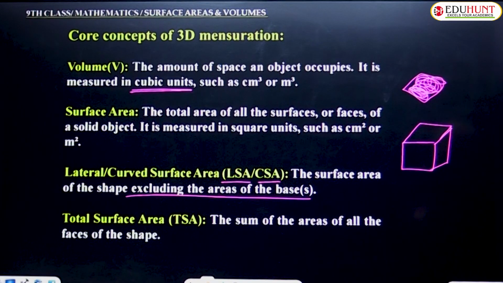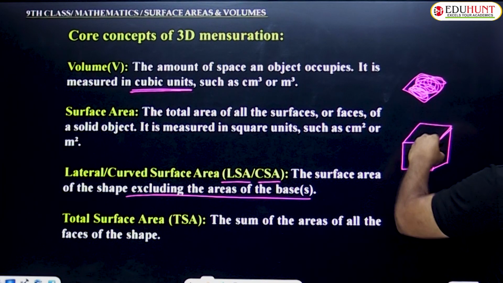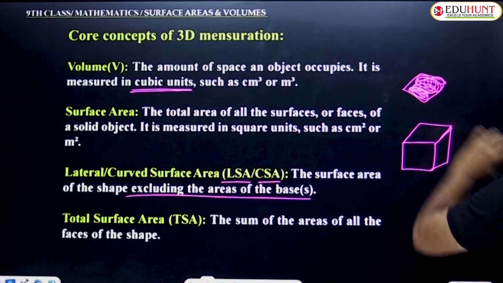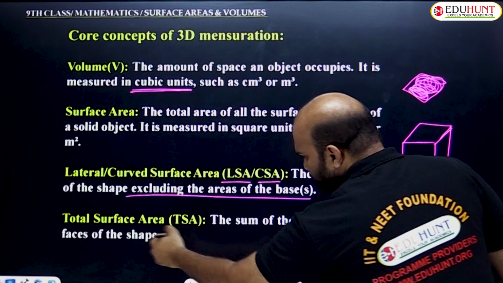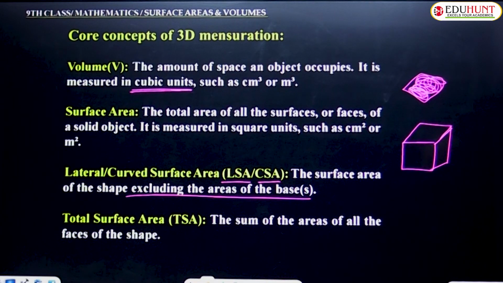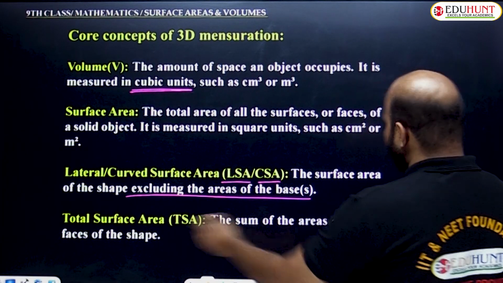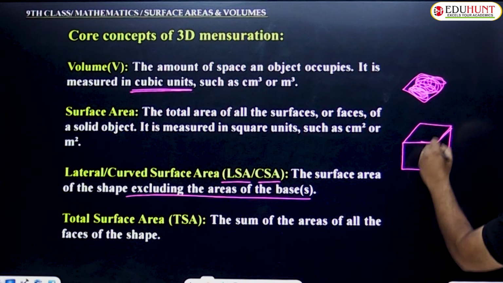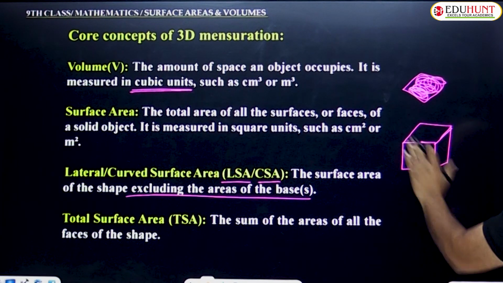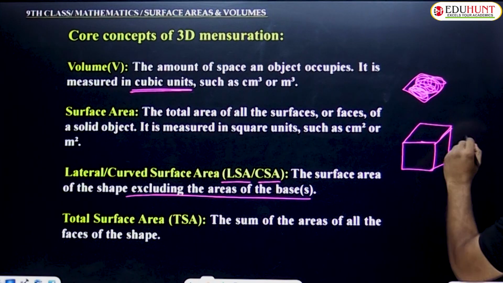Am I clear? So if lateral surface area plus base area and upper area are added, that is called total surface area, TSA. The sum of all areas, the sum of the areas of all the faces of the shape. Suppose a cube contains a total of 6 faces: top to bottom, front to back, left to right.